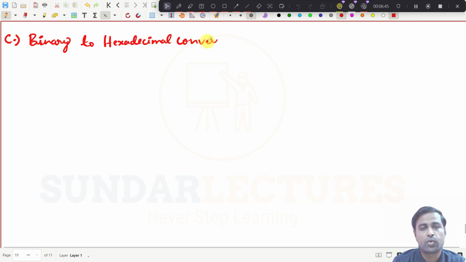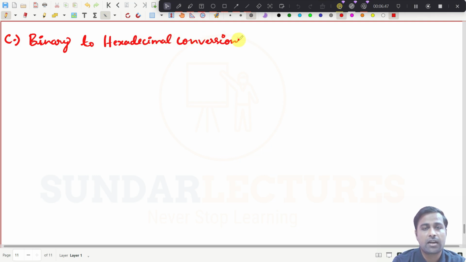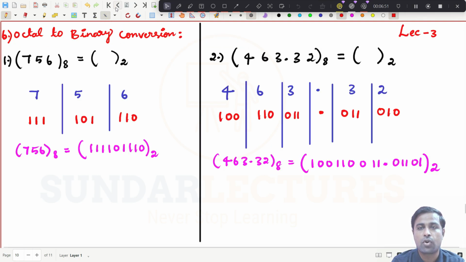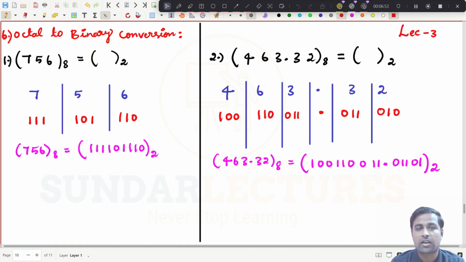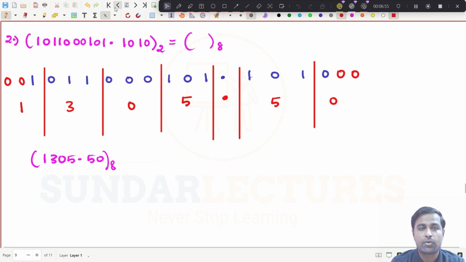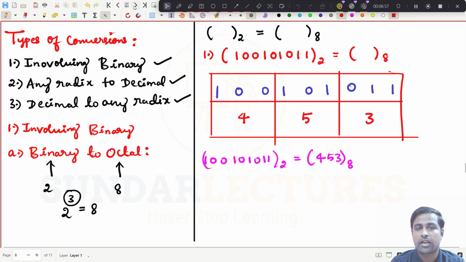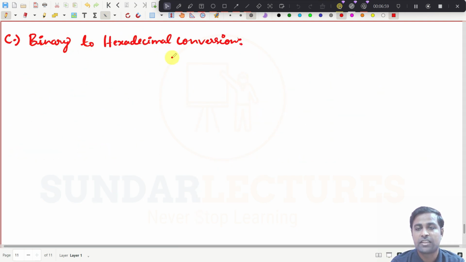See what we are doing now: we are converting the radix involving binary. Wherever you go in this particular topic, whether octal to binary or binary to octal, everything comes within the binary values. That is why I have named this conversion type as binary involving binary.